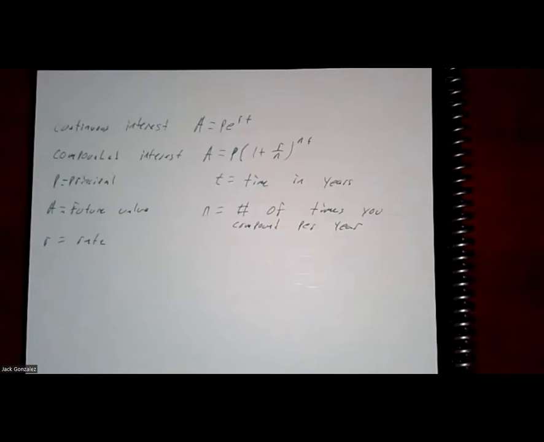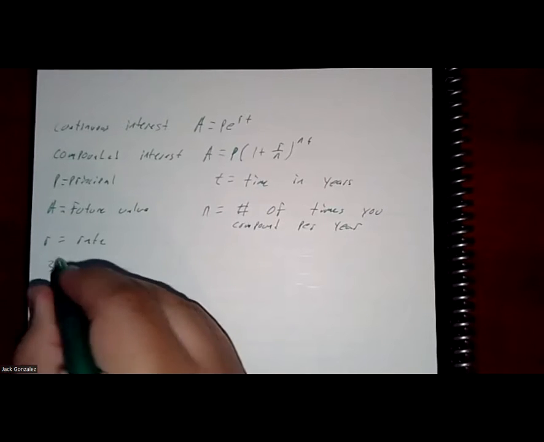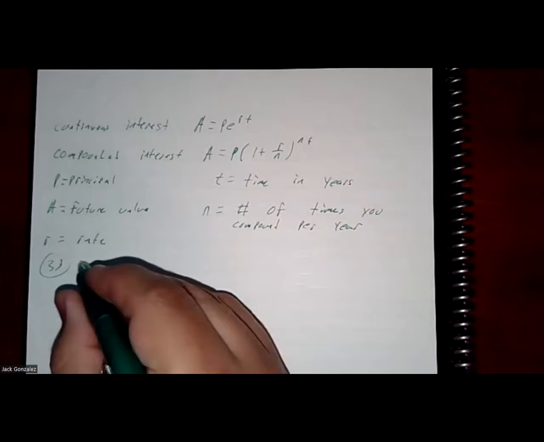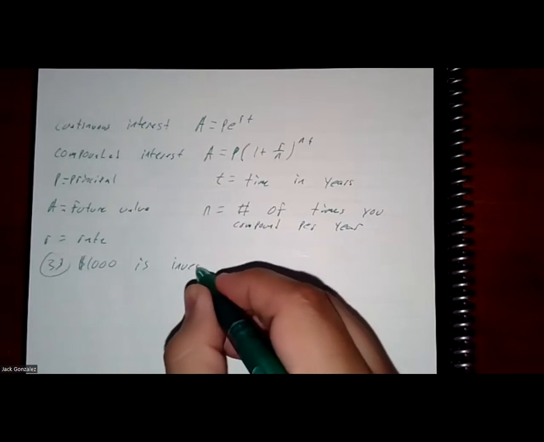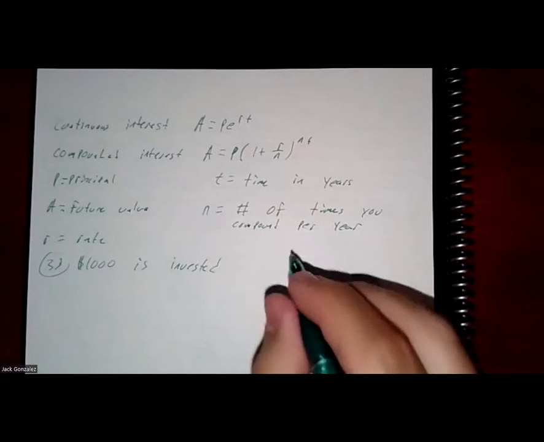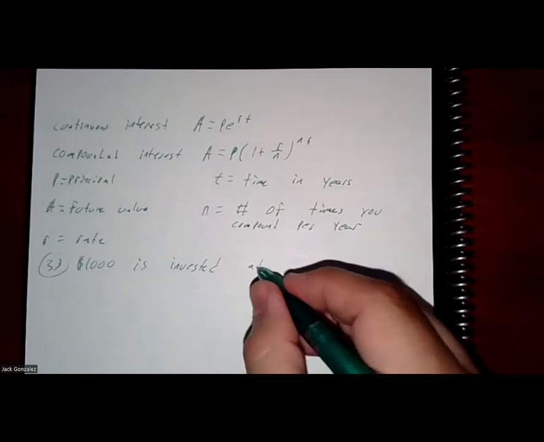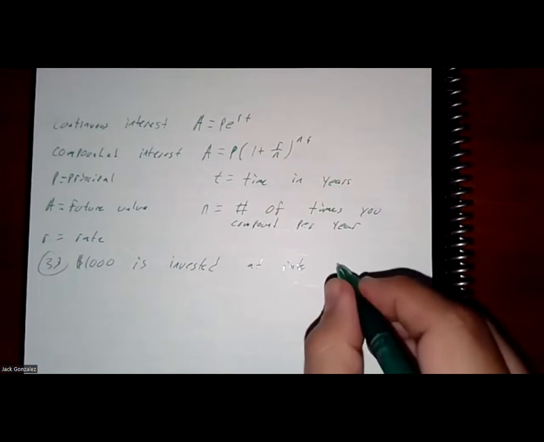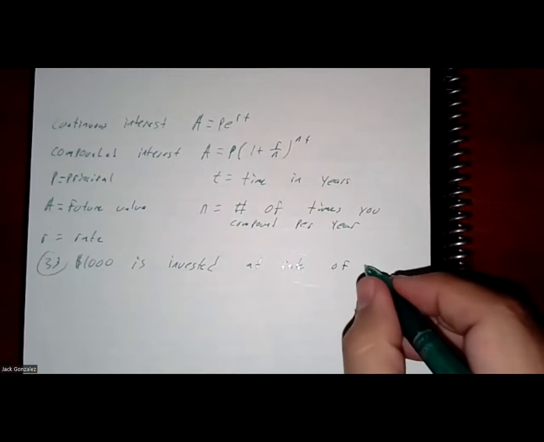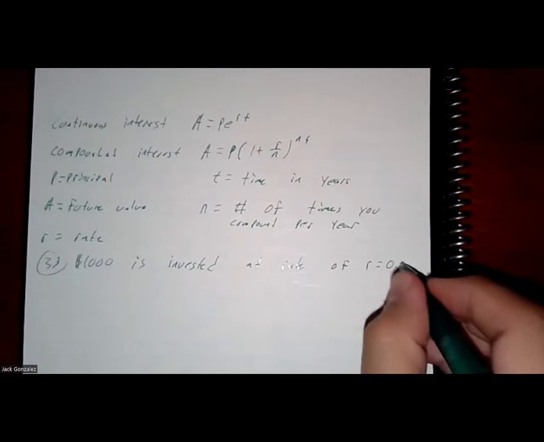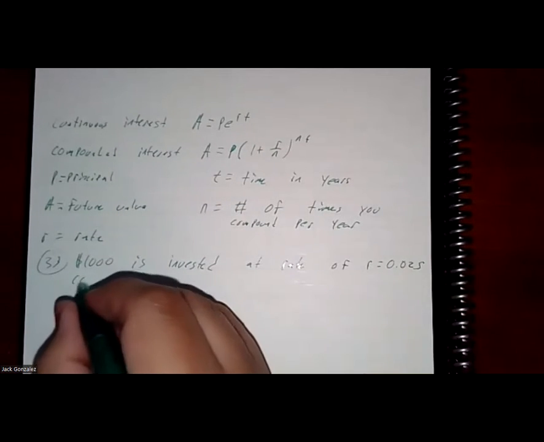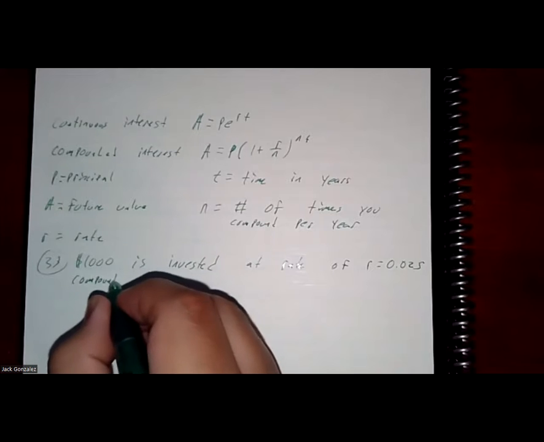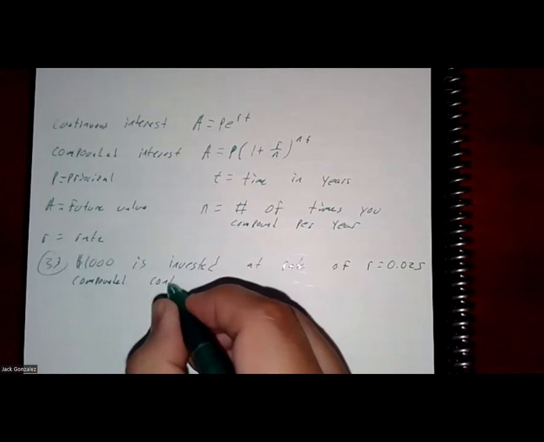Okay, so question 33 says that $1,000 is invested at a rate of r equal to 0.025 compounded continuously.